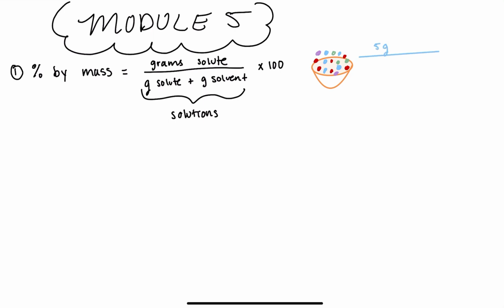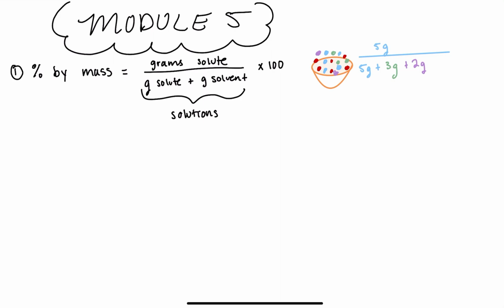Let's see how many total grams we have. So I still have the 5 grams of blue present, right? I'm also going to have the 1, 2, 3 grams, right? We have 3 green cereals there. I have 2 purple cereals.